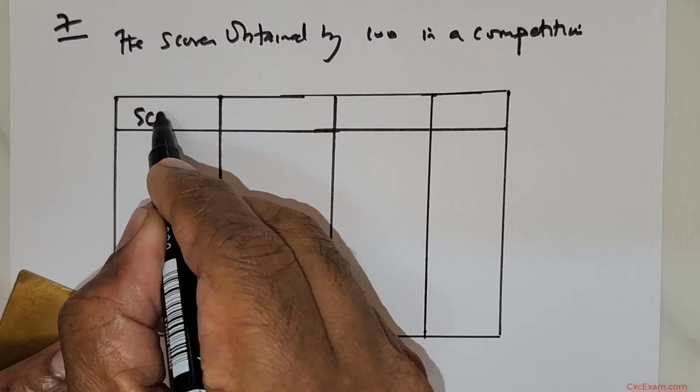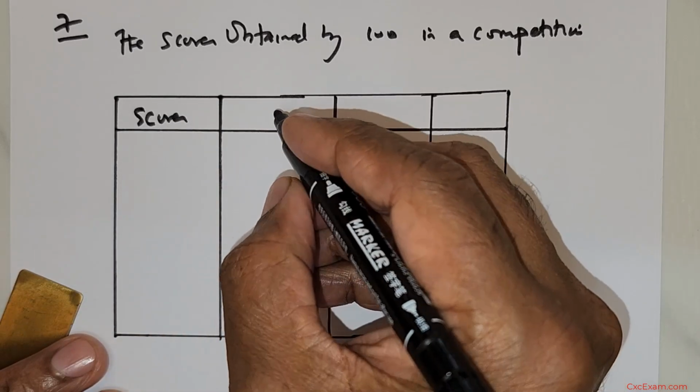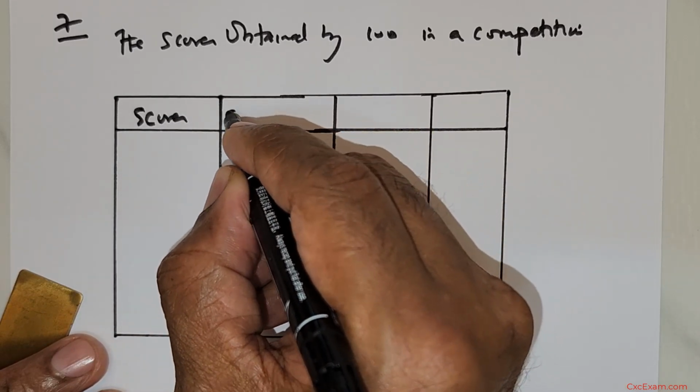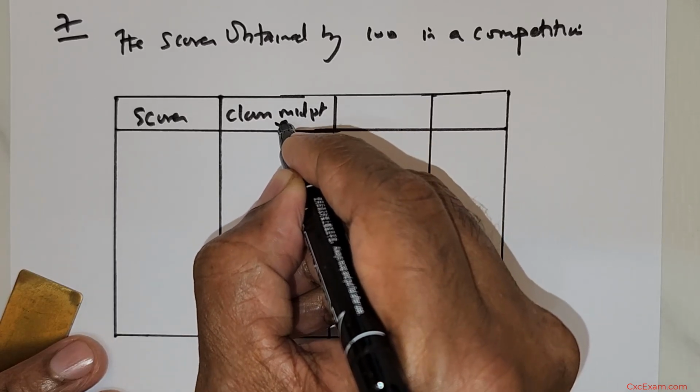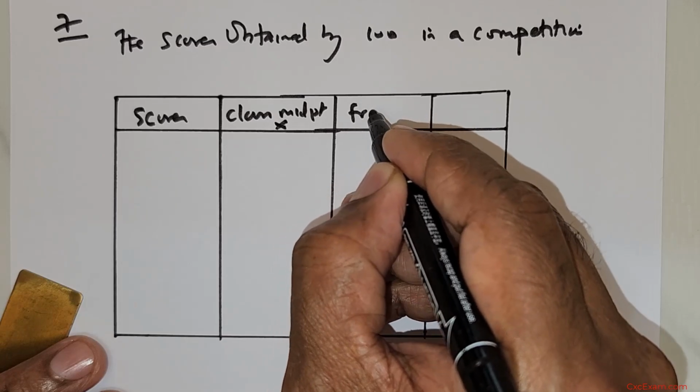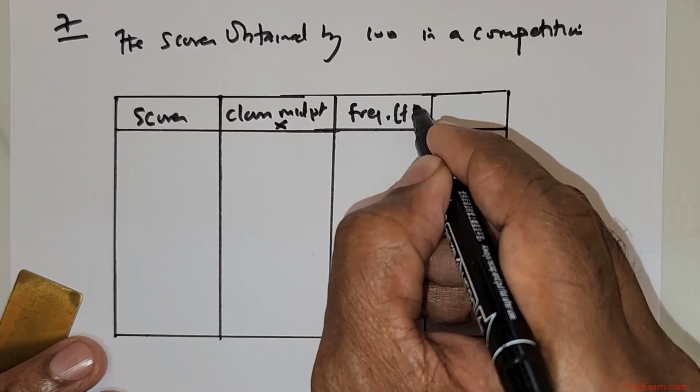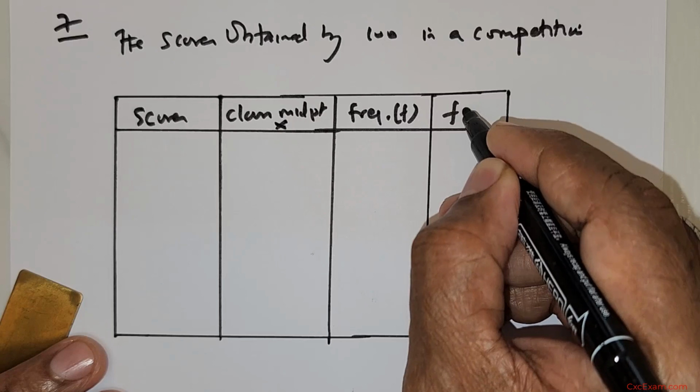So you have scores here. Then the class midpoint, which is taken as x. You have the frequency, taken as f, and you have fx.